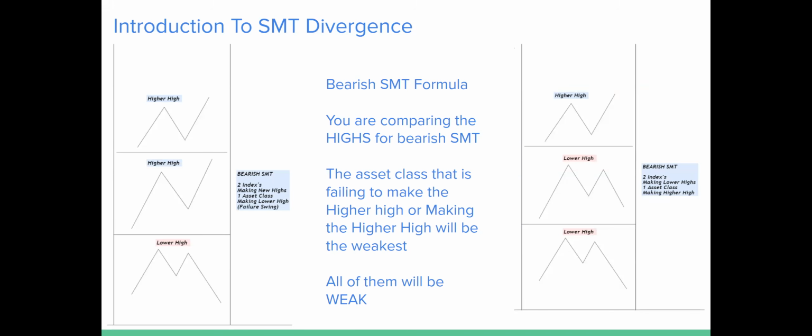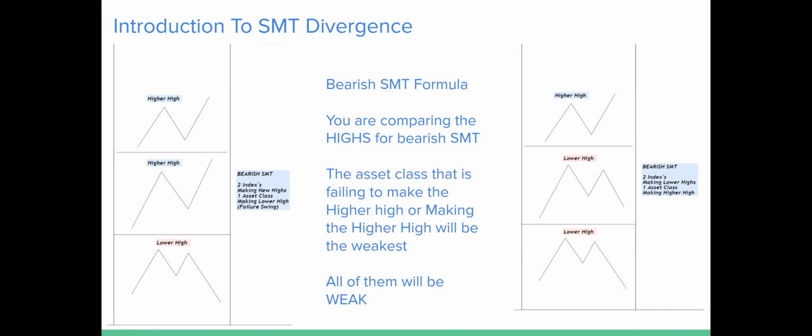So you're comparing the highs for bearish SMT. The asset class that is failing to make the higher high or making the lower high will be the weakest. But overall, all of them will be weak. The odd one out of the 3, that one will typically be the weakest out of them. It doesn't mean you have to trade that particular asset class, but one of them will be the weakest, and one of them is always going to be the odd one out.